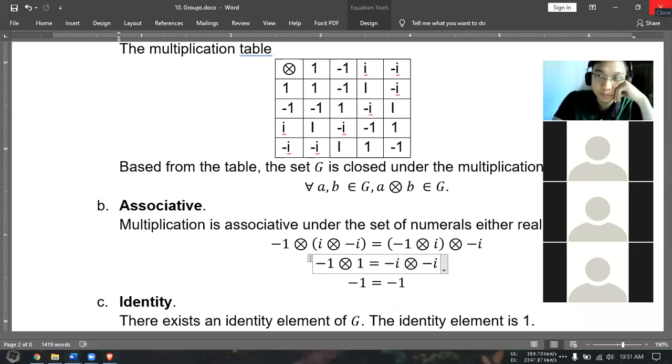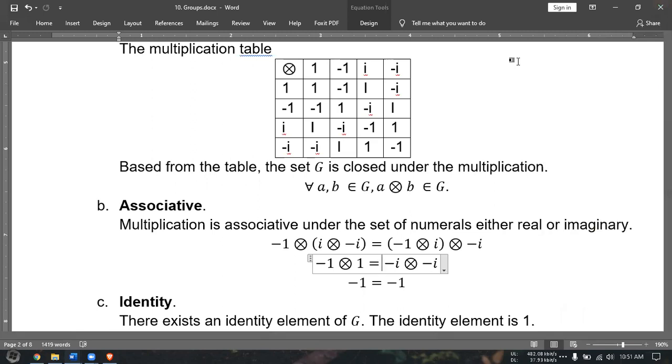So, not only being a group, let's test if this group is abelian or not. We can verify that by observing the main diagonal, whether the table is symmetrical with respect to our main diagonal. And yes, it is symmetrical.